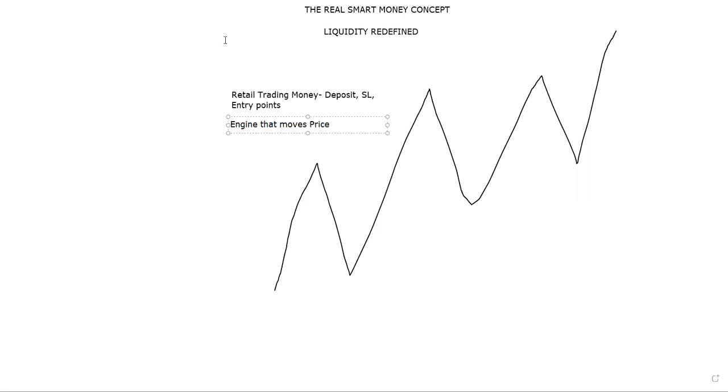Without liquidity, there is no movement on the market. We wouldn't be having all these fluctuations if there was no liquidity.